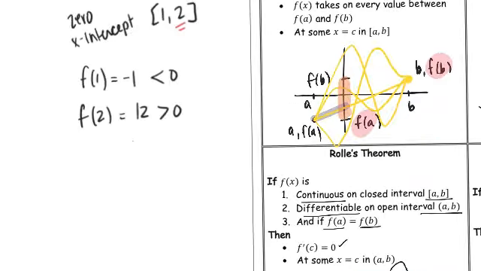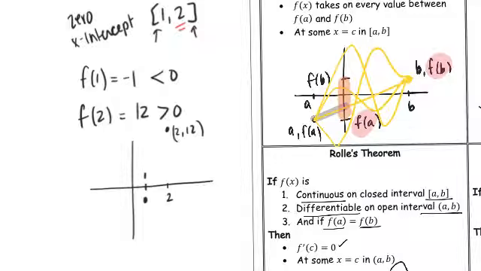So that's telling me that this function, which is continuous because it's a polynomial and I'm on this closed interval, I'm going basically from -1 when x is equal to 1 to +12 when x is equal to 2. I'm up here at 12. (2, 12) is on the graph. (1, -1) is on the graph.